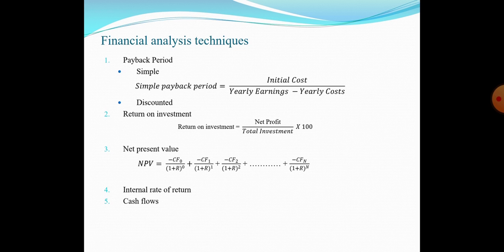Then there is return on investment, that is how much we are getting in returns for how much we are investing. Then it is net present value, NPV, and then it is internal rate of return, that is the rate of return when NPV is equal to 0.